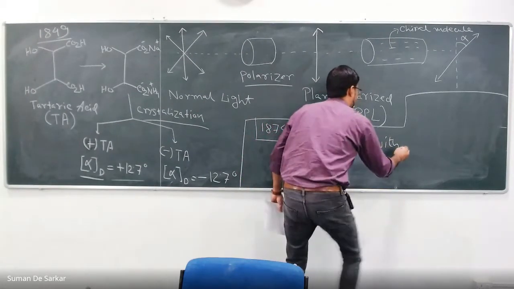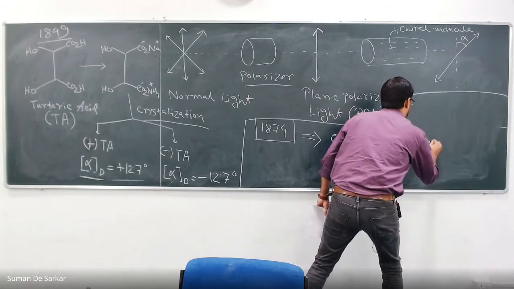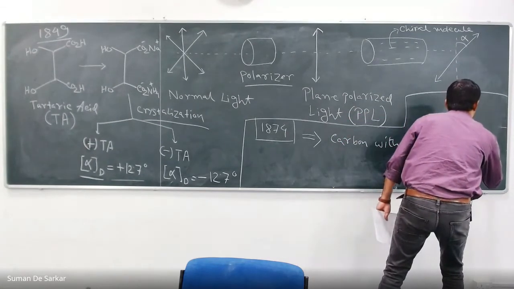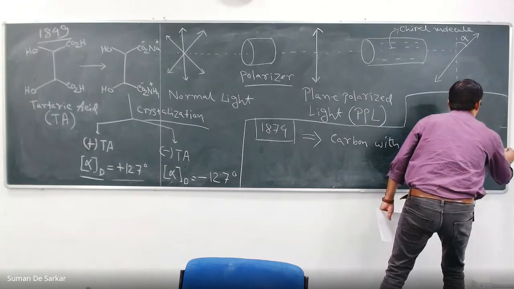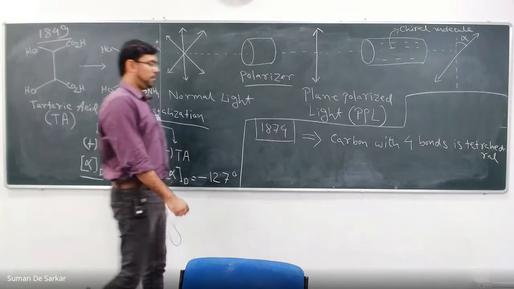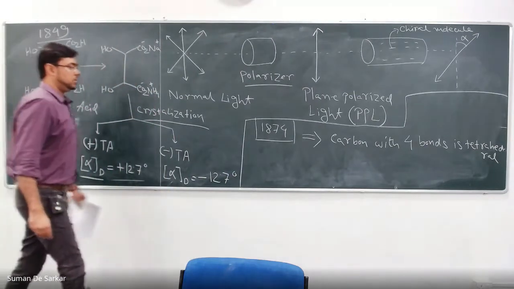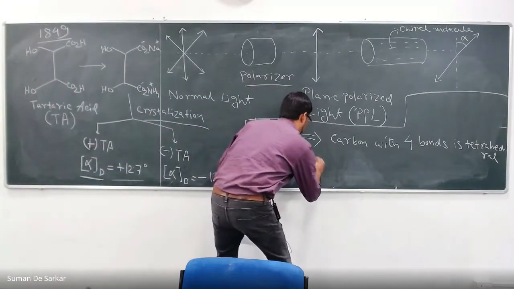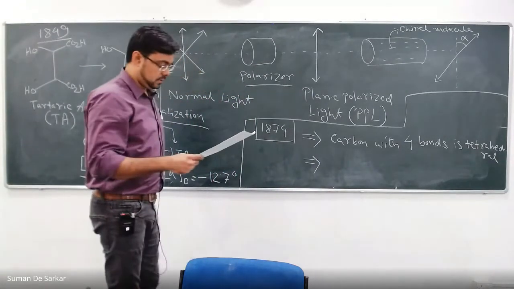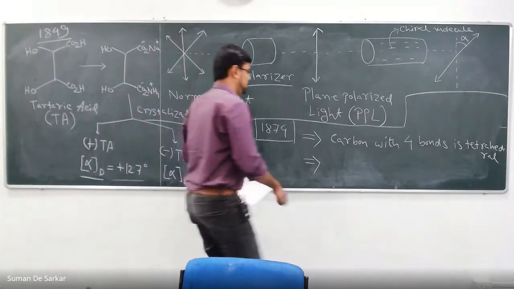And the second statement was that such tetrahedral carbon may exist as a pair of isomers.